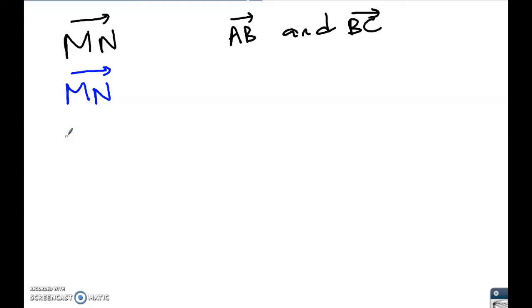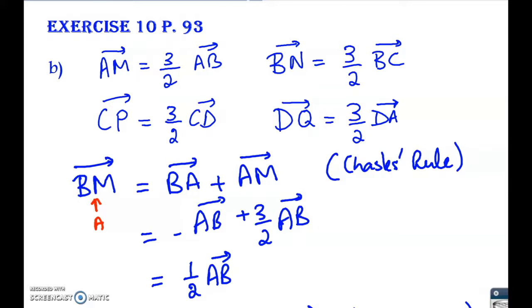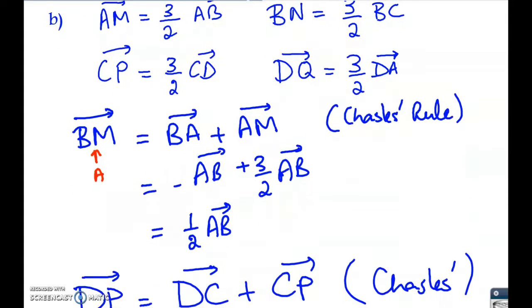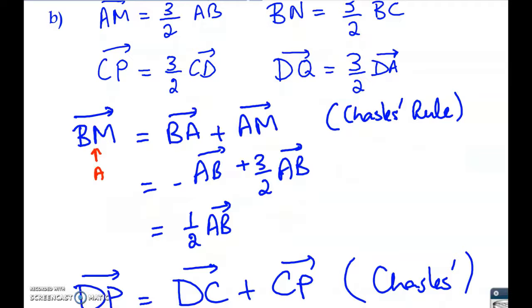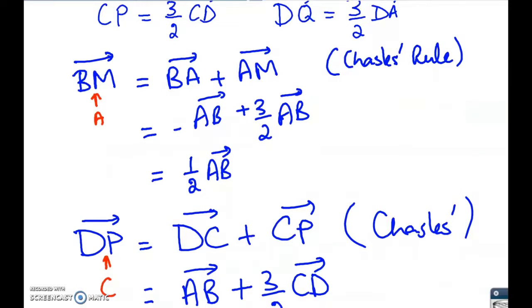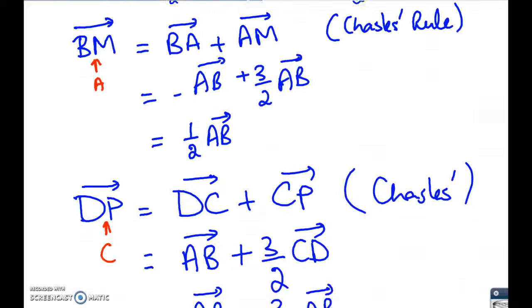For now, I have 6 equations to look at, and I want to choose which one is the most useful in our case. So first, I will go back to the original given from part B. We have AM equal 3 over 2 AB, BN, CP, DQ, and we concluded two more things, that BM is half AB and DP is minus half AB.